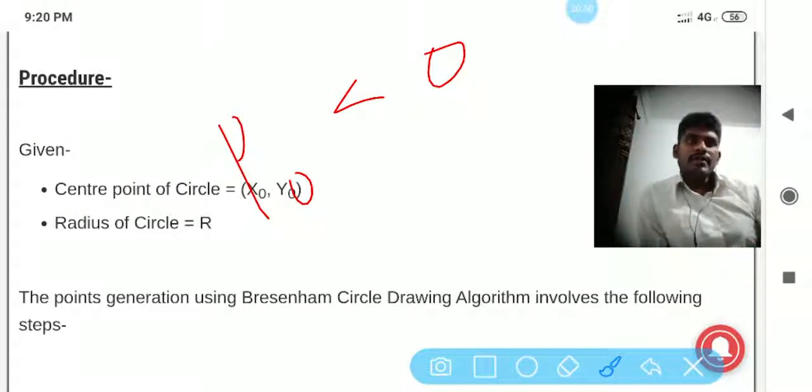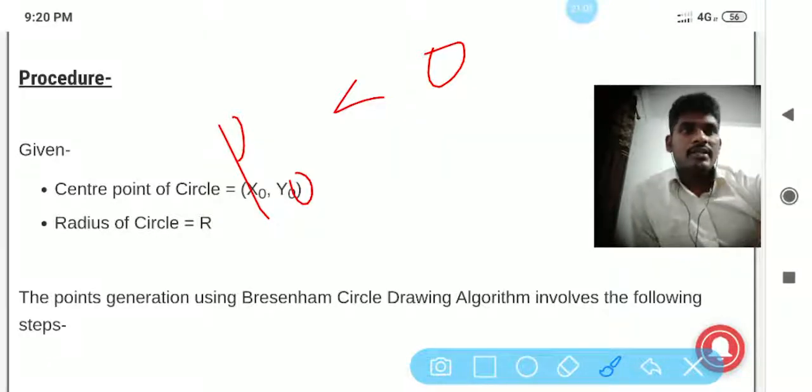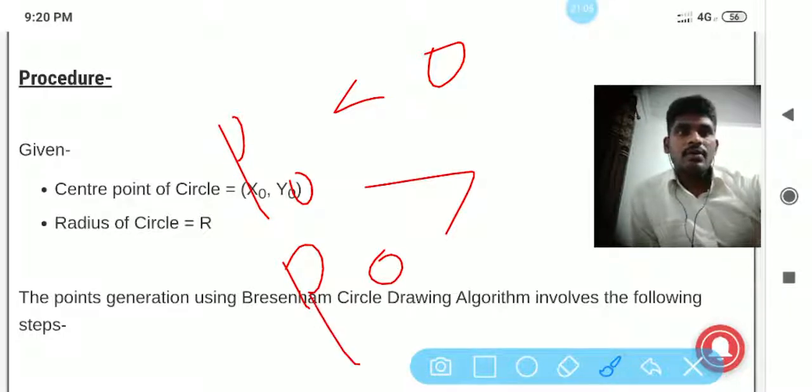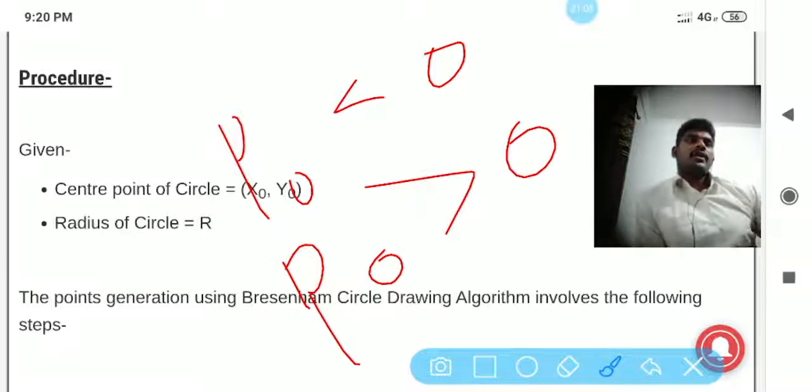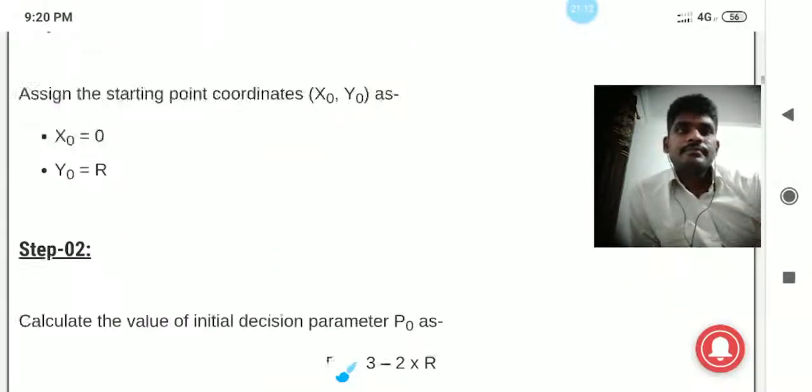Why are you following that equation? Because it depends on the p naught value, which is my decision parameter value. We will select the next point of the first octant. So p naught less than 0 will follow one equation, and p naught greater than 0 we will follow another equation. We will see what those equations are.